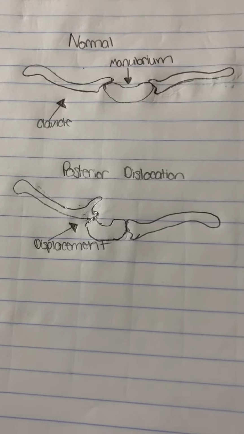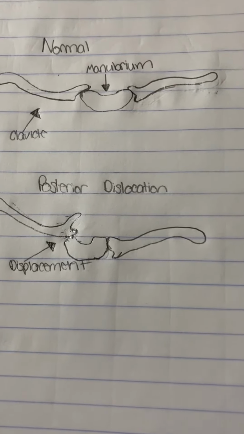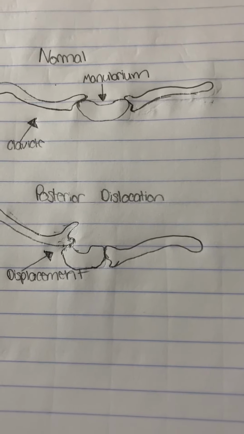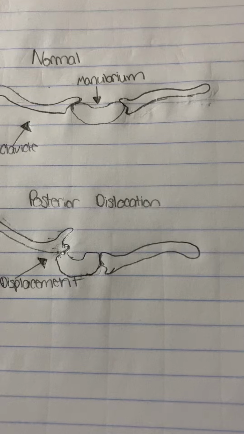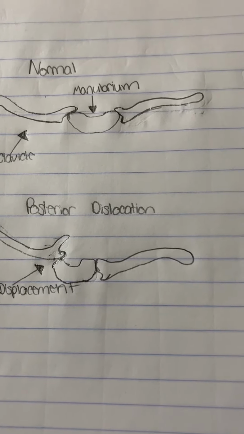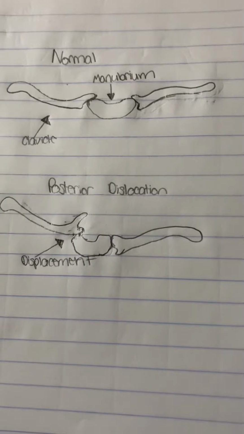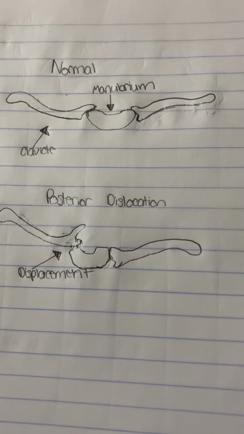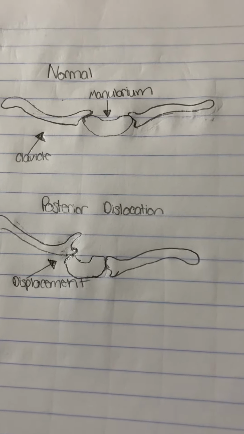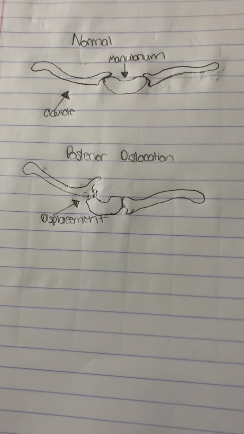So if it's obviously displaced, probably just have them go get x-rayed and send them to the hospital for sure, since this dislocation can be very severe whenever it posteriorly dislocates, since it can block off the subclavian artery, the trachea, and all other vital vessels and whatnot.